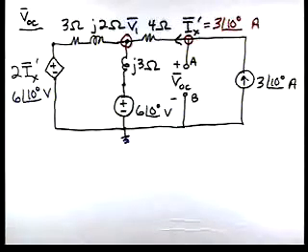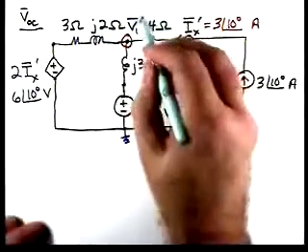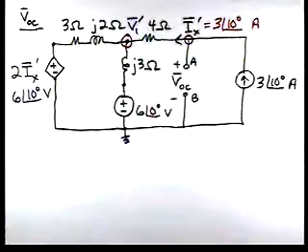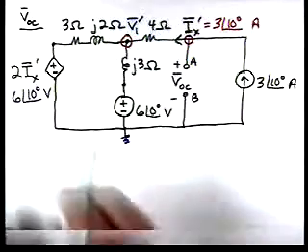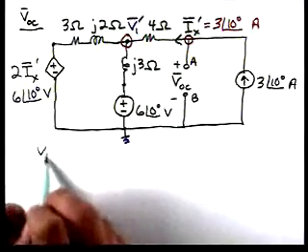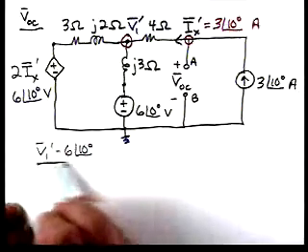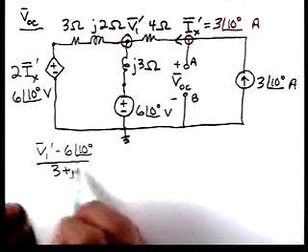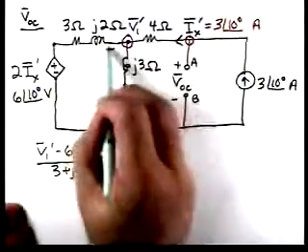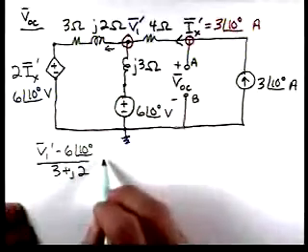I'm going to call that V1 prime. Let's solve for V1 prime now by writing a nodal equation. So we have (V1 prime minus 6 at an angle of 10) over (3 plus j2). That's the current leaving in that direction.